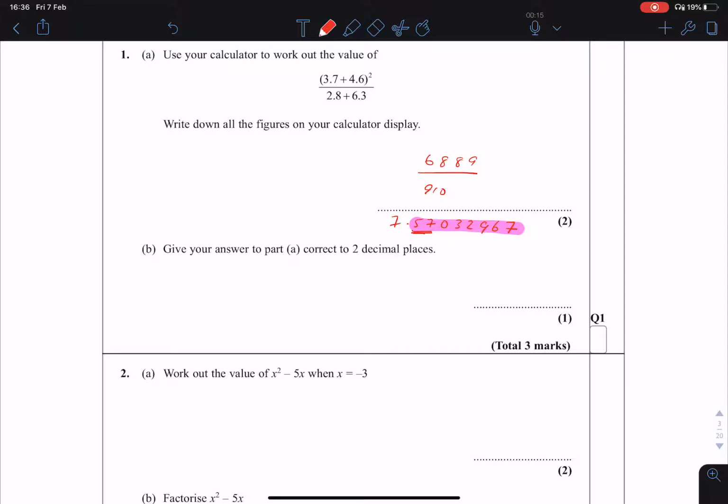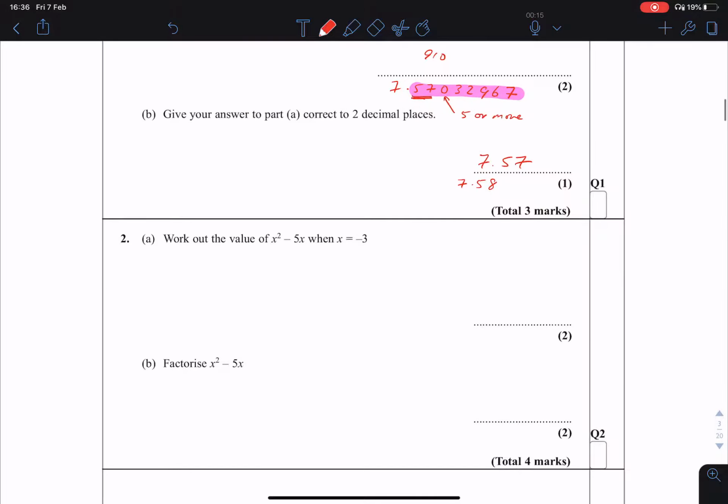So my answer is going to be 7.57. Now, if the 3rd decimal place, that one right there, were 5 or more, then the answer would be 7.58 because it would round up. Okay. Let's move on to question 2.